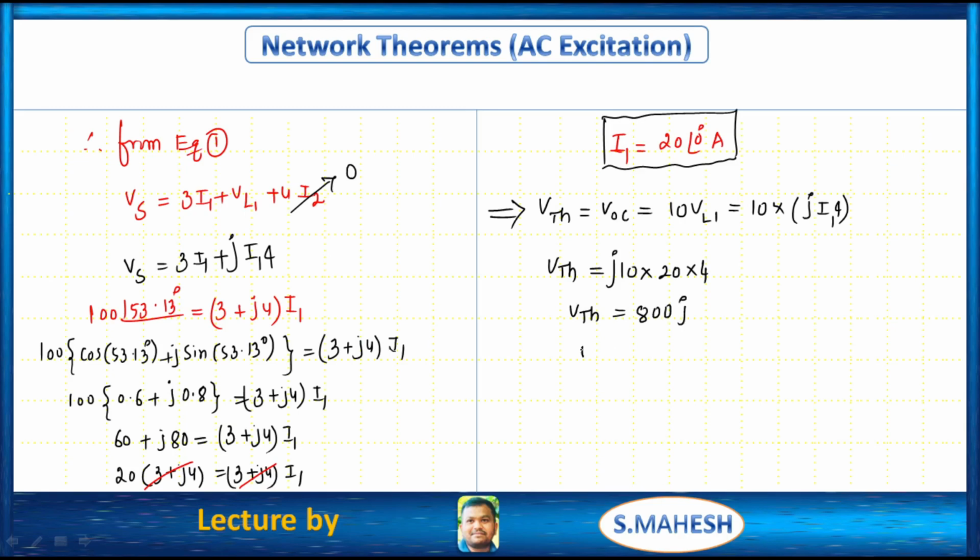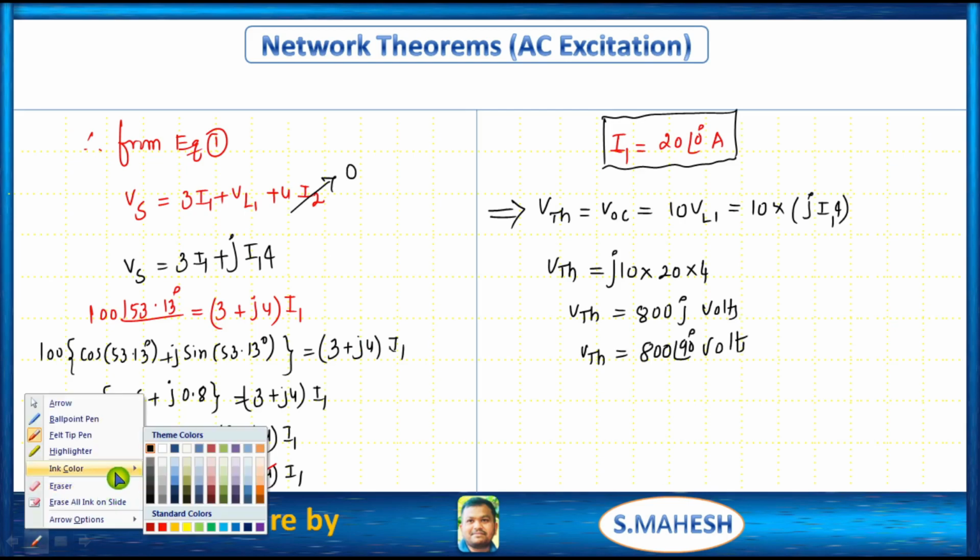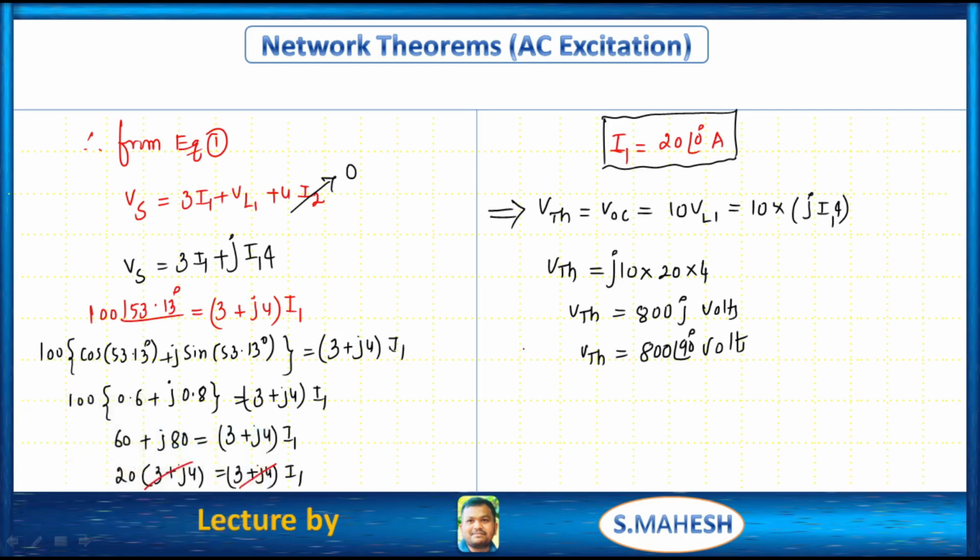That is, VTH equals 800 at an angle 90 degrees volts. This is a very, very important problem, asked in GATE 2013 for 2 marks. This is the answer. That's it. This is about Thevenin's and Norton's theorem.